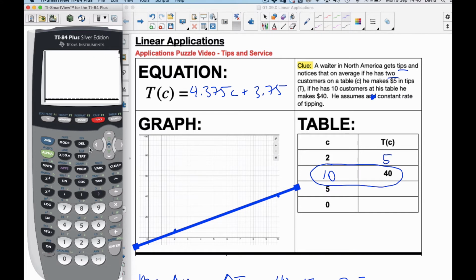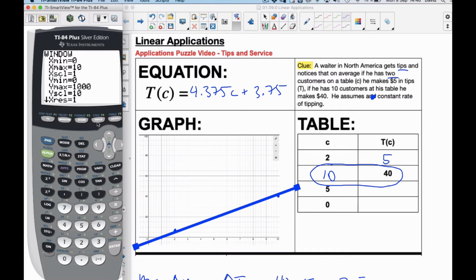Oh, my window's all wonky. Let me go to my window actually. Let's go from 0 to 10, and the scale will go by ones. And then my Y minimum, let's go from 0 to 100, and let's go by tens.